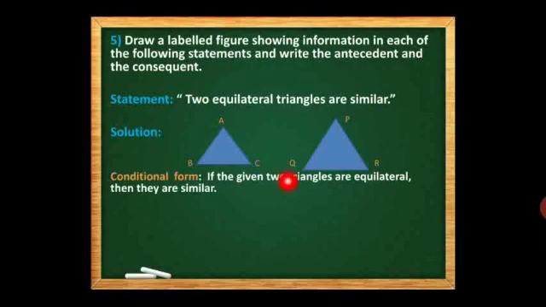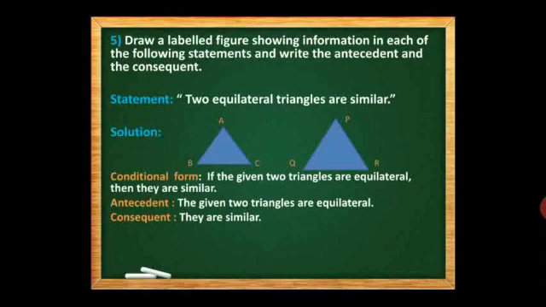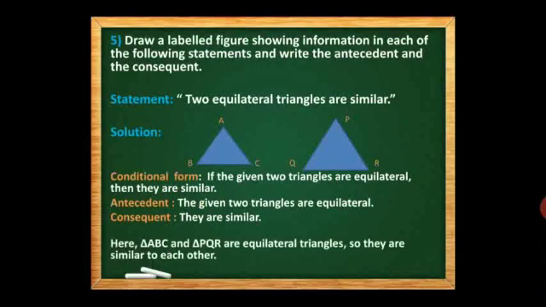Now the part after if is, the given two triangles are equilateral. Therefore the antecedent is, the given two triangles are equilateral, and consequent will be the part after then. So the consequent is, they are similar. So here in triangle ABC and triangle PQR, we have shown that they are equilateral triangles and they are similar to each other.